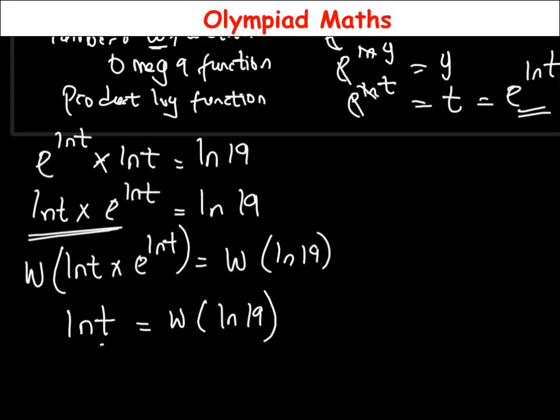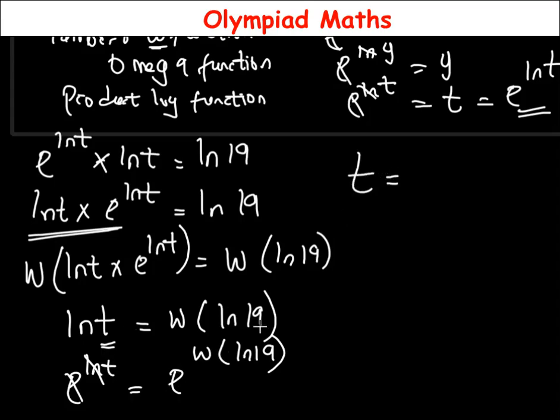To then solve for t right here, we introduce e to both sides of the equation. So we're going to have e to the power of ln t is equal to e to the power of W of ln 19. So with this, if we cancel ln, what you have is t. So t is then equal to e to the power of W of ln 19.